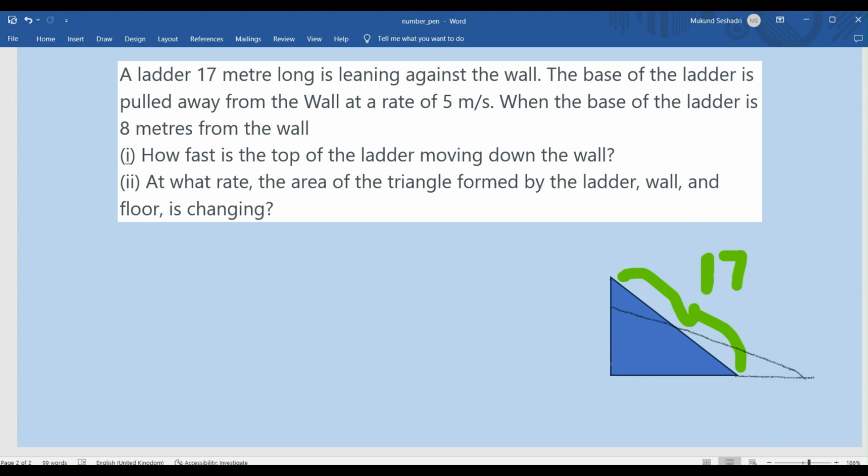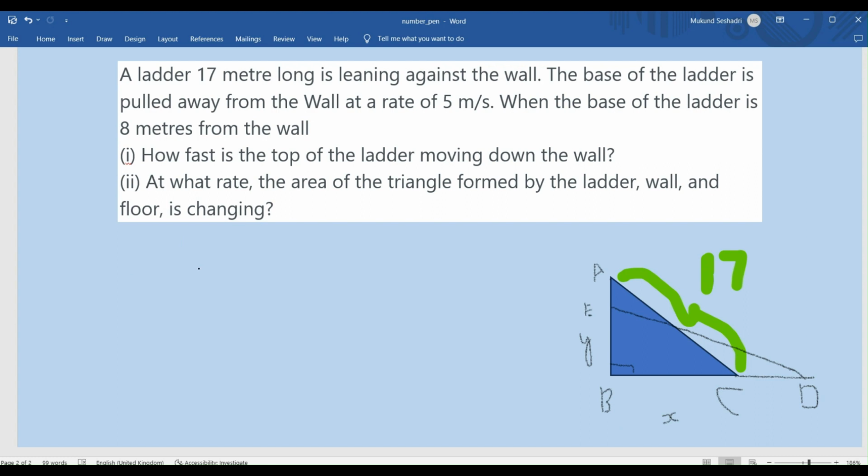we know that this is a right angled triangle. Let's mark these vertices: A, B, C, D, and E. Here we go. So let's call this the y axis, y, and this is x, right?